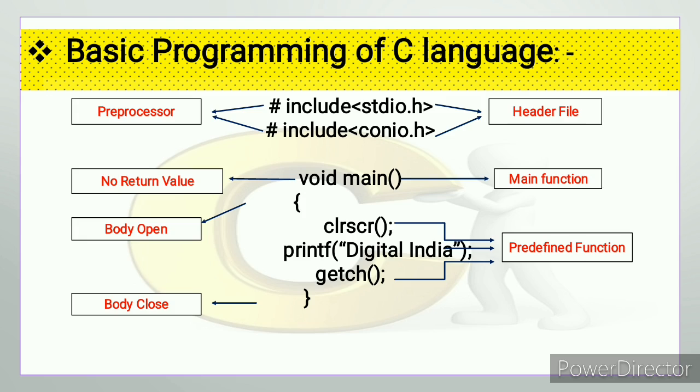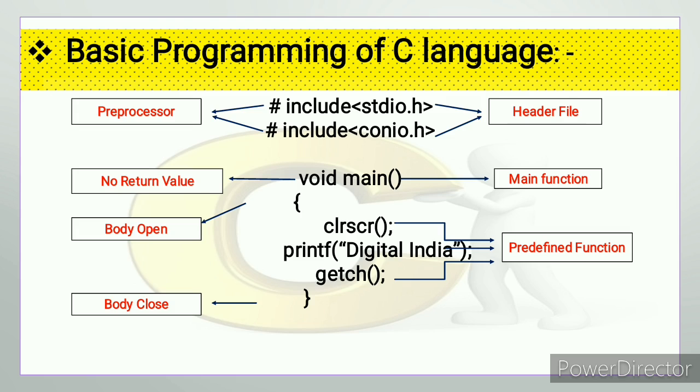Hash is called preprocessor. It includes the library of C into the program. Next we go through include. What is include? Include is the header file of the program. It contains stdio.h, conio.h, math.h, string.h, like that.